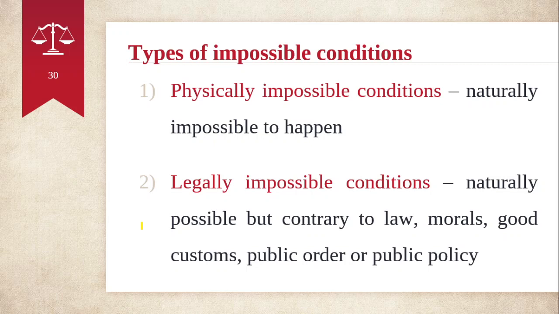For example, you slap your father, sampalin mo yung ama mo, okay? Or good customs, public order, or public policy. Okay? So, yung mga contrary to these, pwede mong gawin, posible mong gawin, pero hindi mo pwedeng gawin because they are not legal, they are not morally good, they are not according to customs, public order, or public policy.